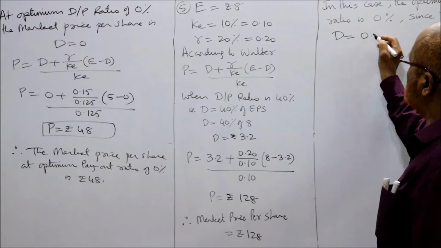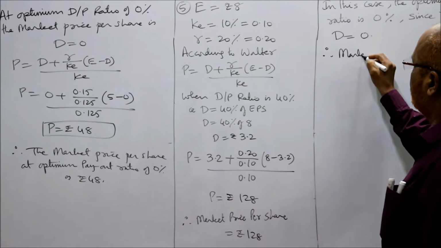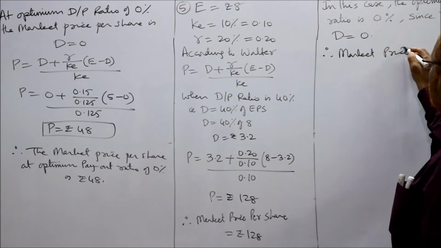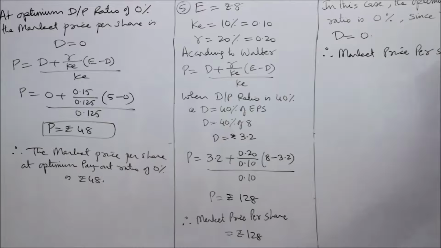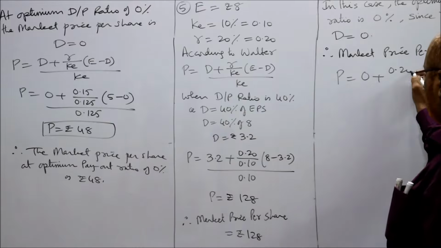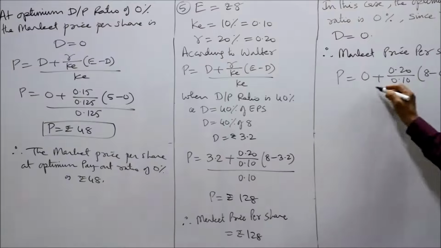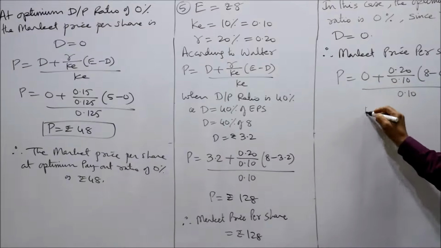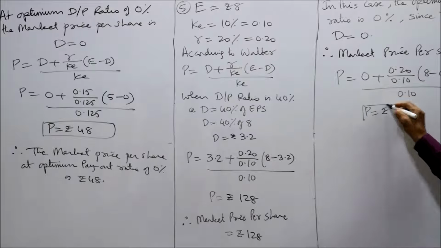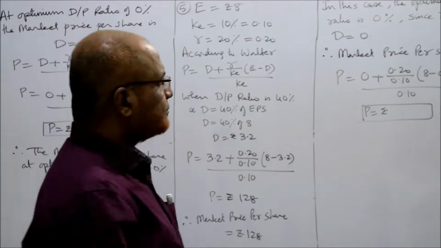D is equal to 0. Therefore, market price per share is P is equal to 0 plus 0.20 by 0.10 into E, so P is equal to rupees 160.